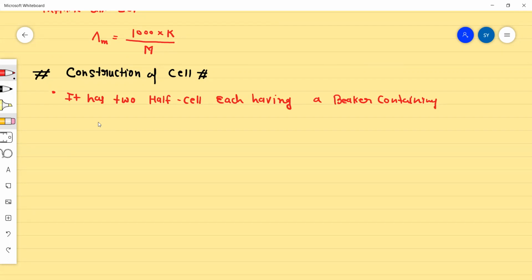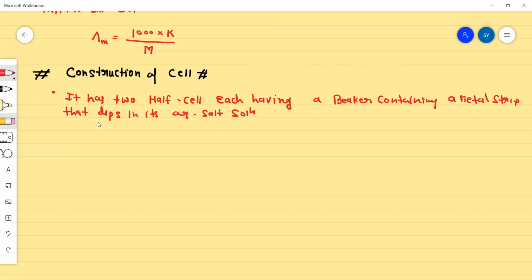That is, a beaker containing a metal strip, an electrode, that dips in its aqueous salt solution.